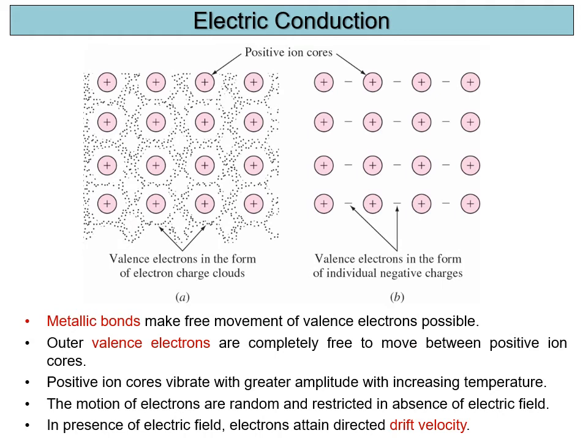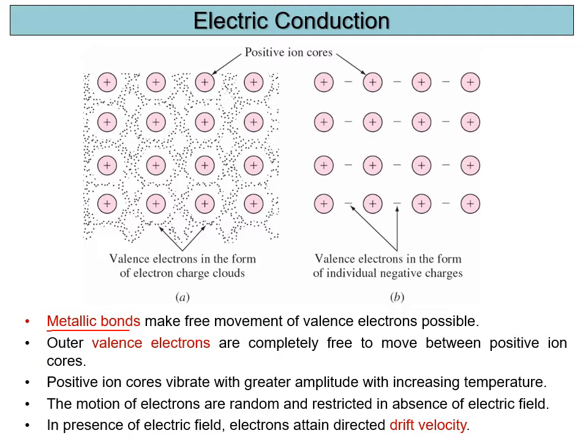How can electricity be conducted? First of all, we need to know the electron arrangement in the atom structure. The first bond is the metallic bond. Metallic bonds make free movement of valence electrons possible. Outer valence electrons are completely free to move between the positive ion cores.